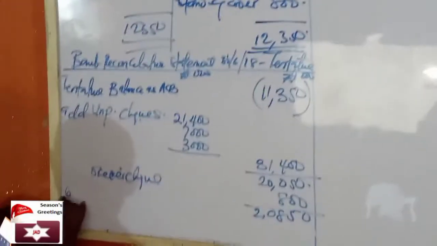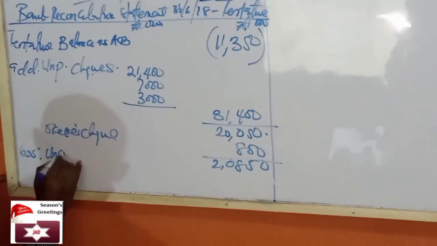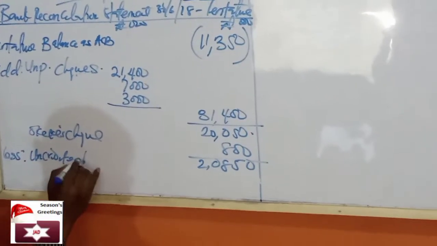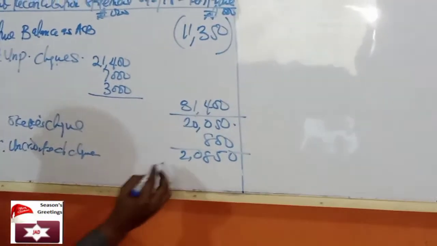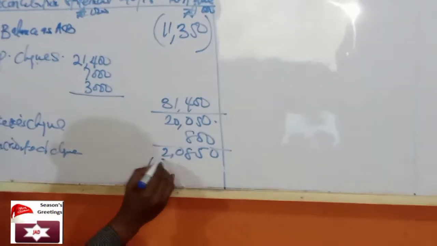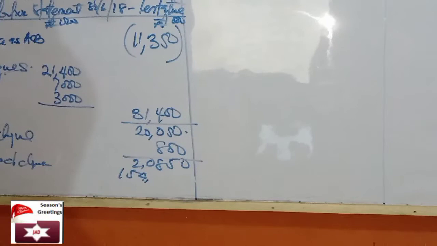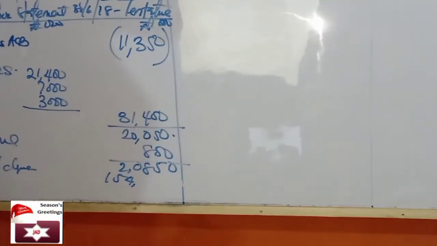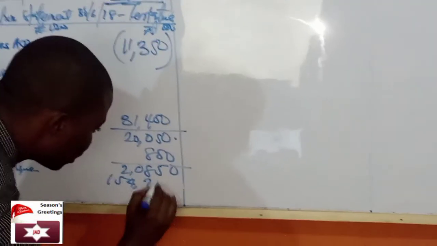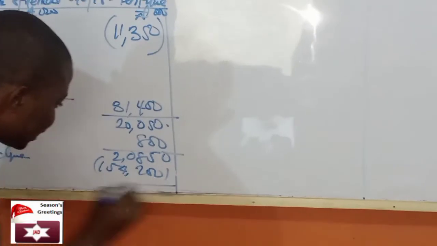Let's say less uncredited checks. That's 154,200. So we are lessing.